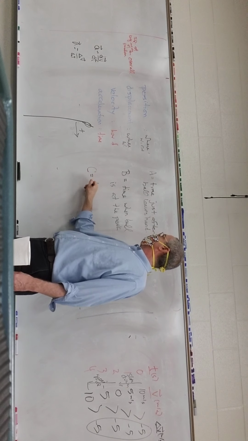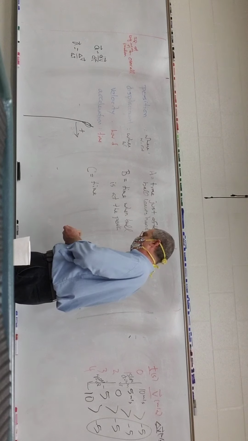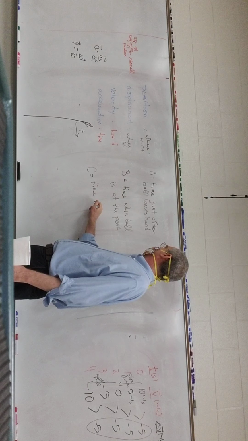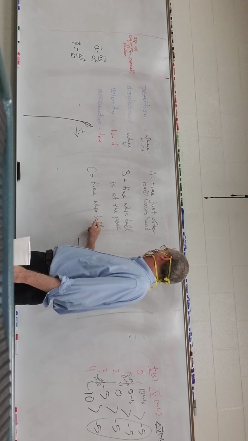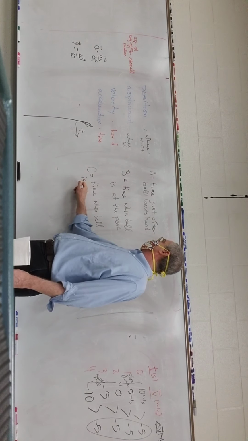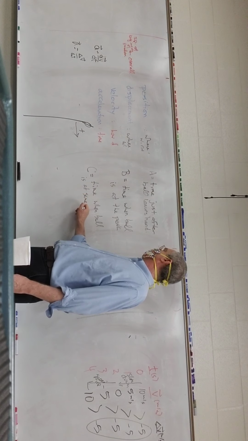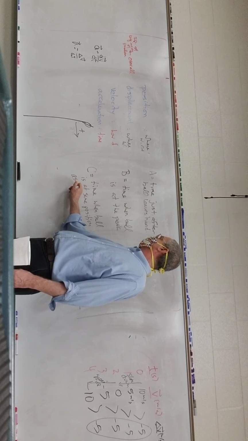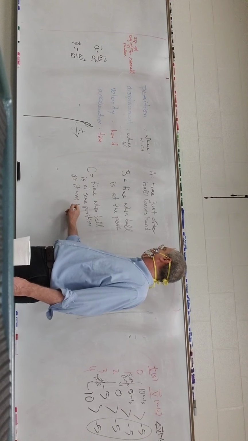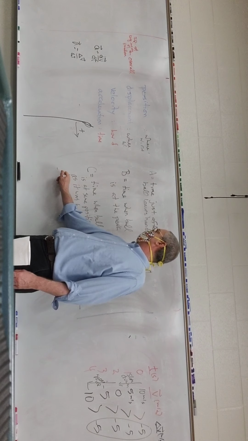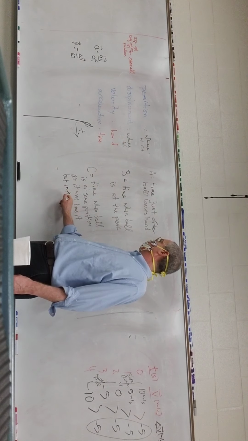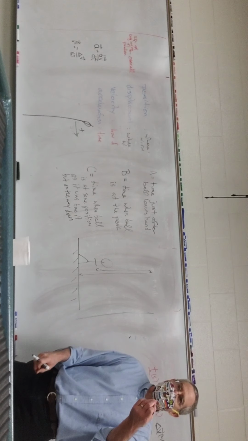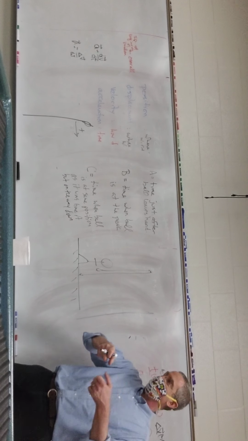C: the time when ball is at the same position as it was at time A, but on the way down. So at time A and time C, the ball's in the exact same location, just at time A it's going up, at time C it's going down.